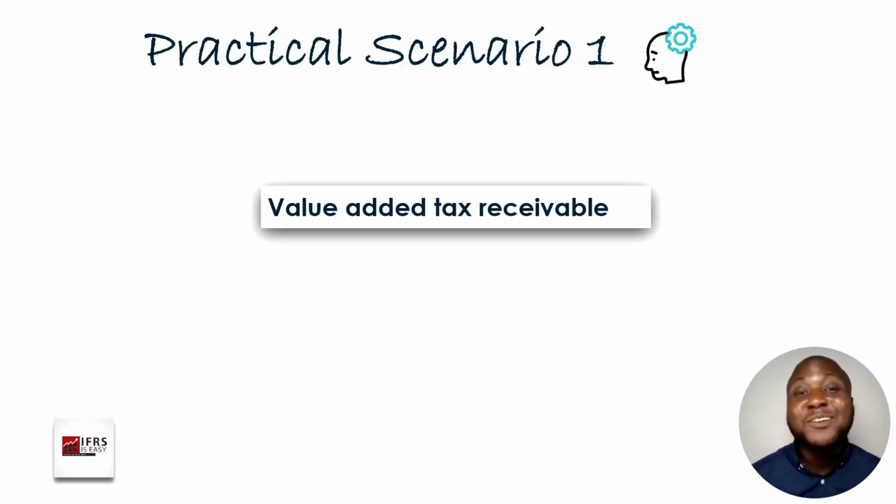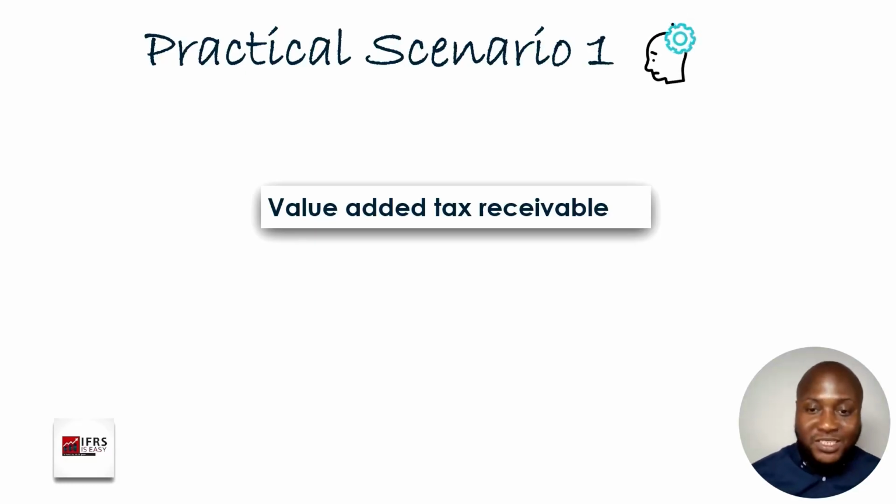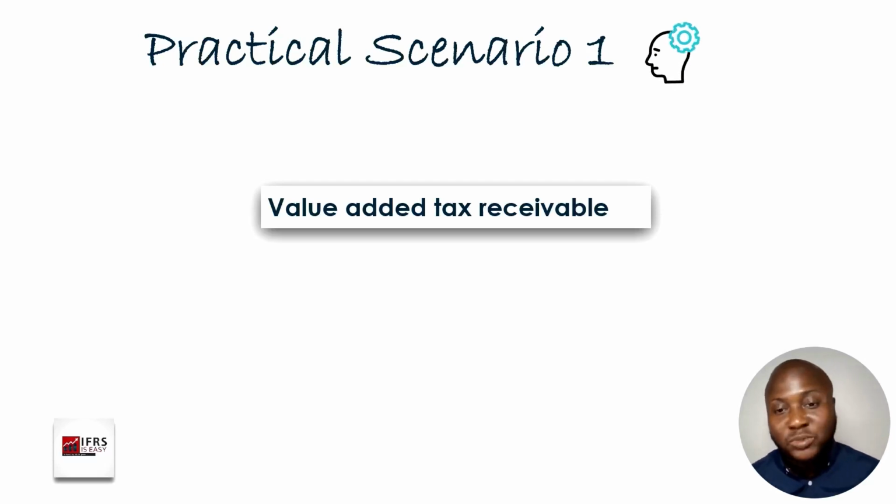And the reason why it's not a financial asset is because remember we said that a financial instrument is any contract. Now, a value added tax is not a contract. It is a statutory obligation. Now, when something is not a contract and it's a statutory obligation, then it does not meet the definition of a financial instrument because it is not a contract.